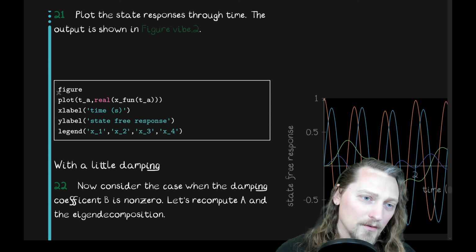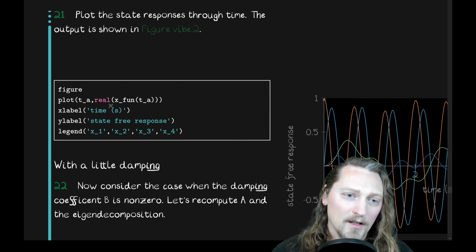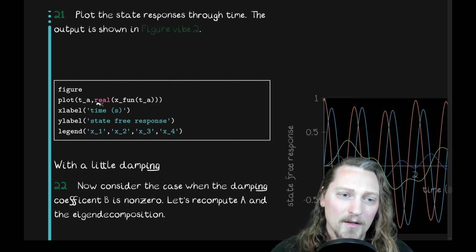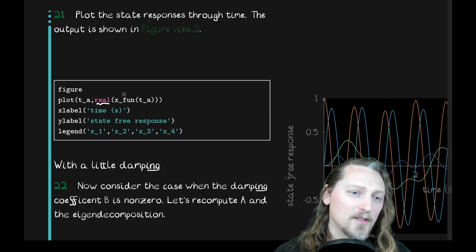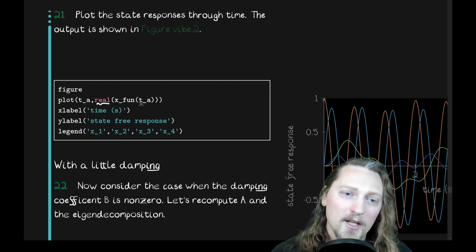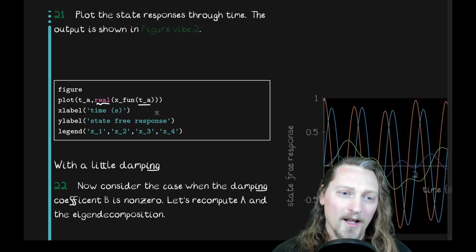So we'll just open up a figure and use the plot function. And this is a bit of a cheat here. I'm evaluating this function at all the different time values.